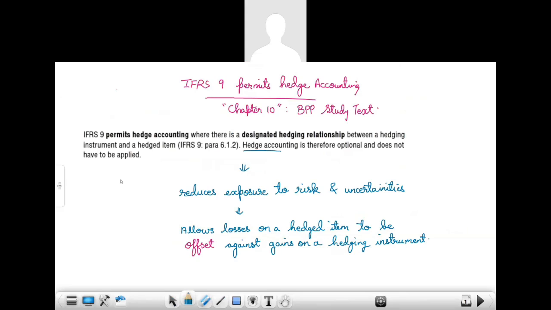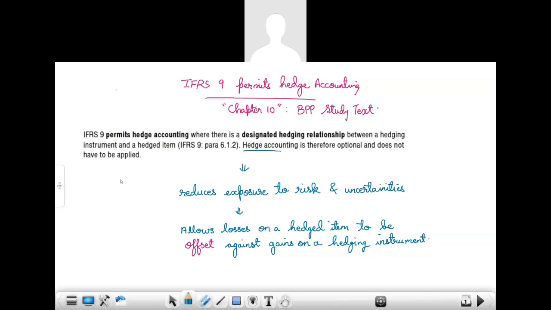So whenever there is a future inflow or outflow in the transaction, and if the entity is uncertain about the inflows and outflows, if the entity does not want to take risk, if the entity wants to decrease their risk, then in that case, the entity enters into hedge accounting.